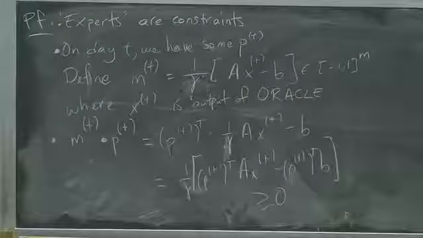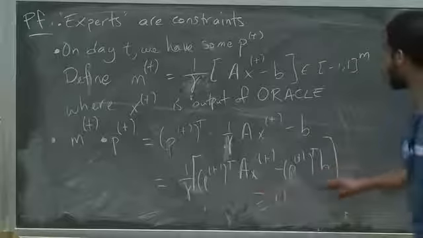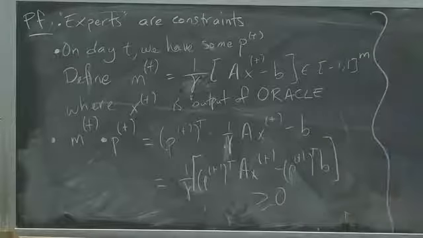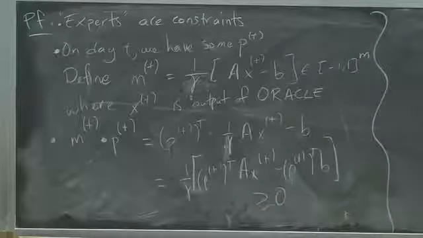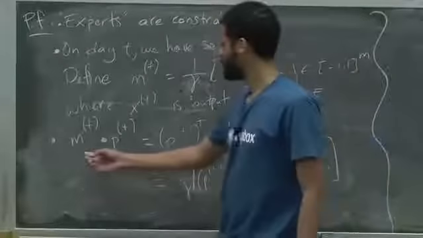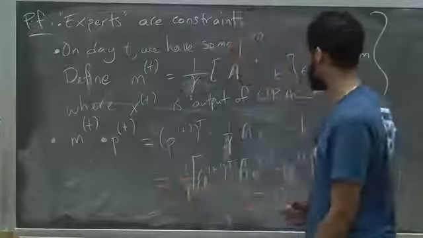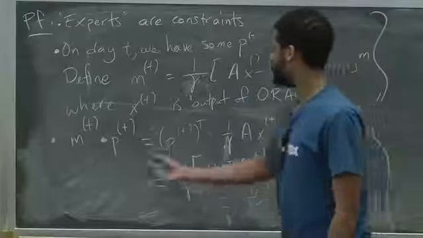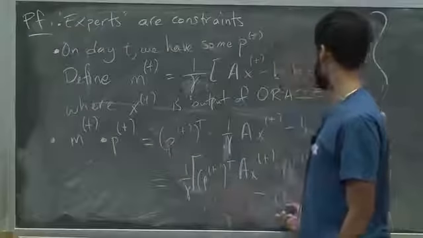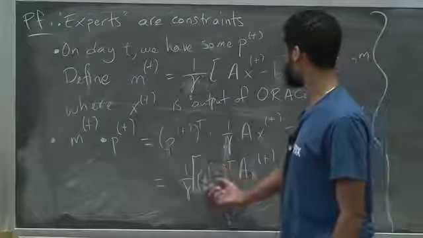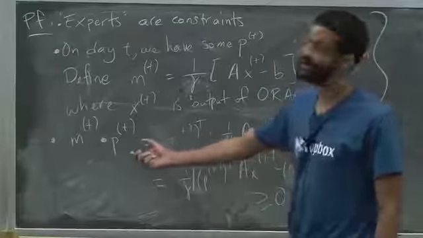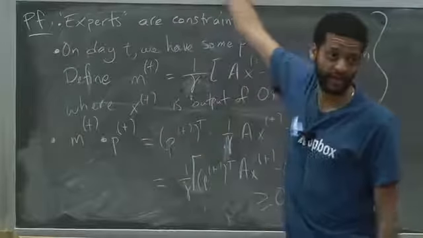That's what the oracle does. It solves this feasibility problem. So we know that this thing is bigger than or equal to that. So this is one direction. We know that this quantity is bigger than or equal to 0. But we also know that this quantity is smaller than or equal to something because of our multiplicative weights theorem.